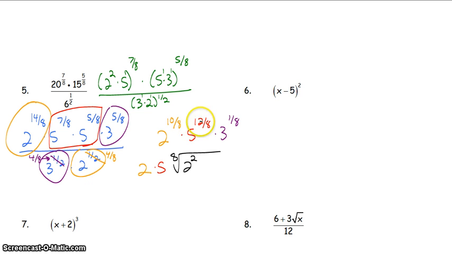I used 8 of the 5's, so I have 4 of those left. And then 3, there was not enough to take out, so I'm times 3. And if you multiply that all out, 4 times 5 to the 4th times 3, you should get 7,500.